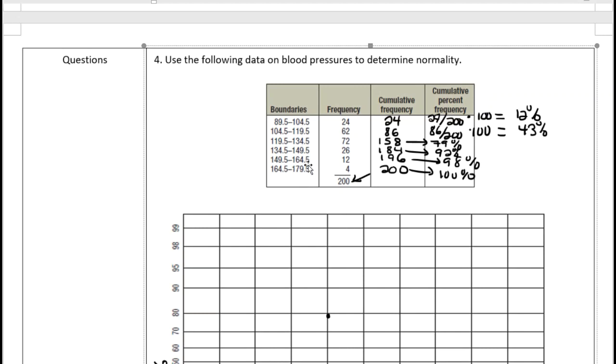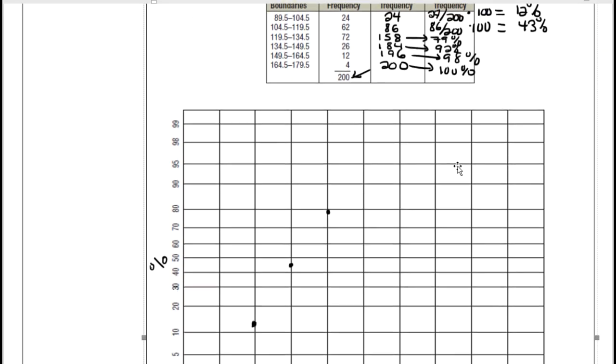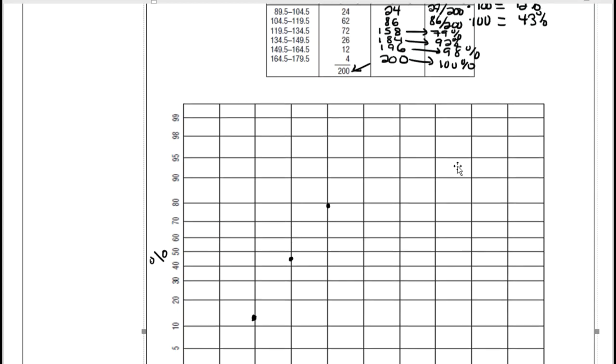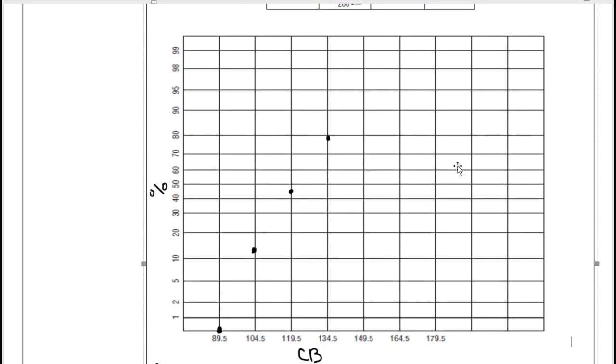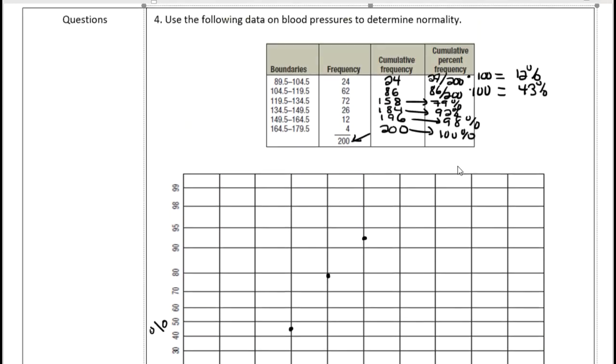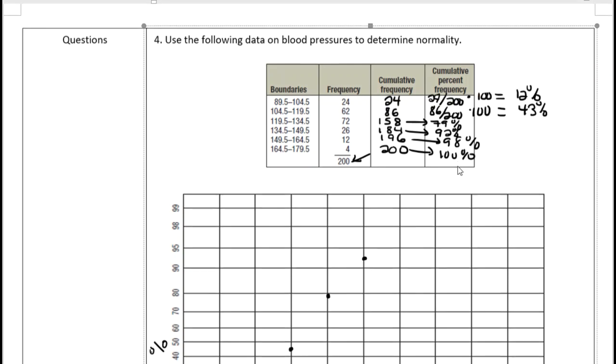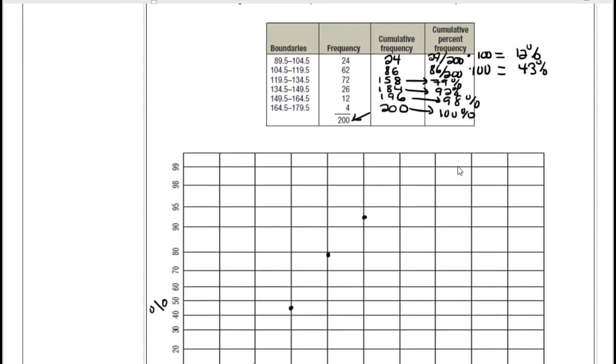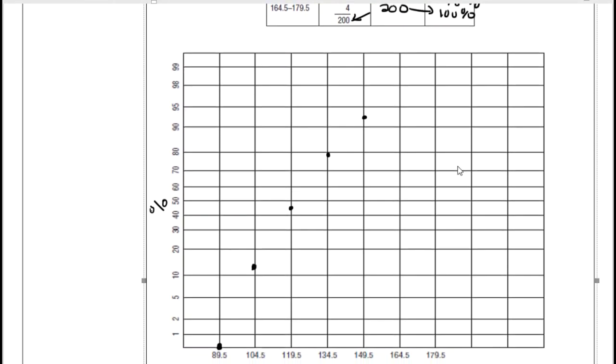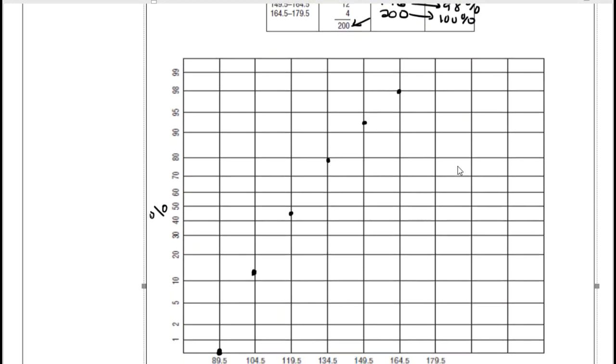The 149 is 92%. The 164 is 98%. And the 179.5 is 100%.